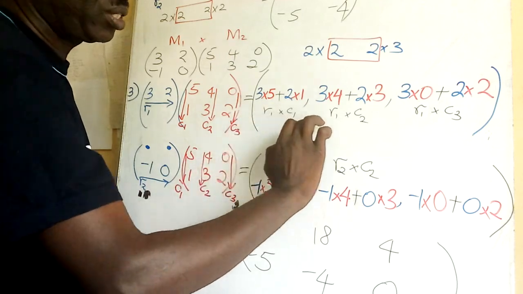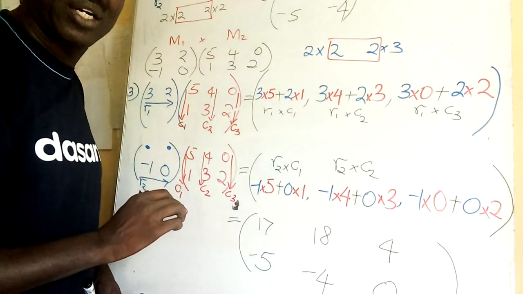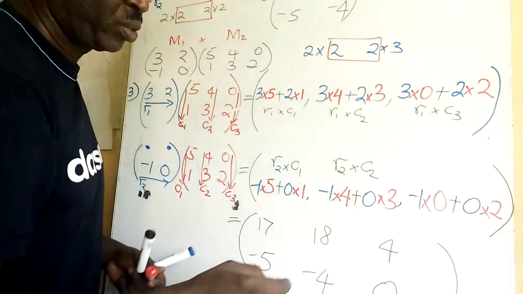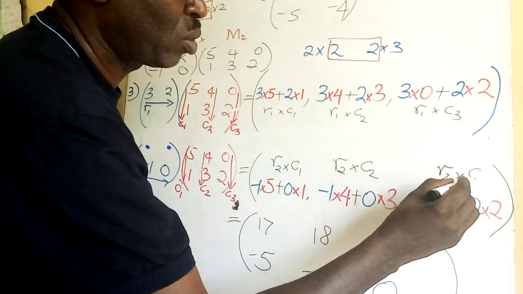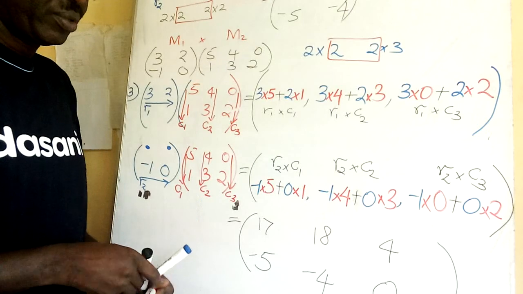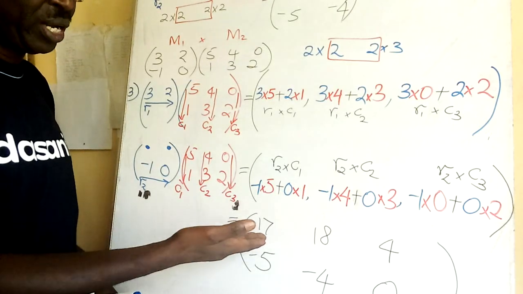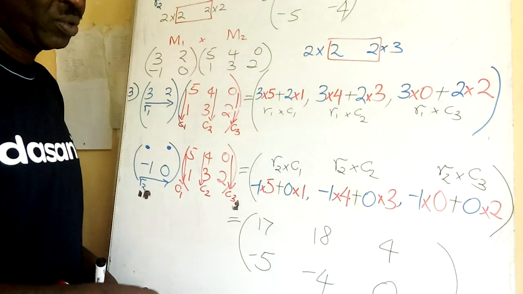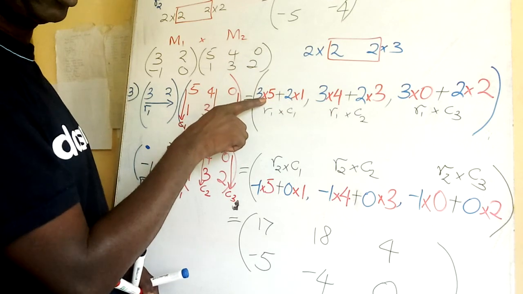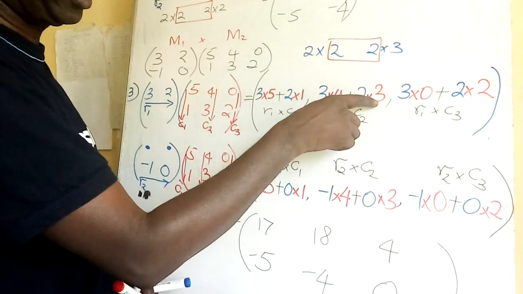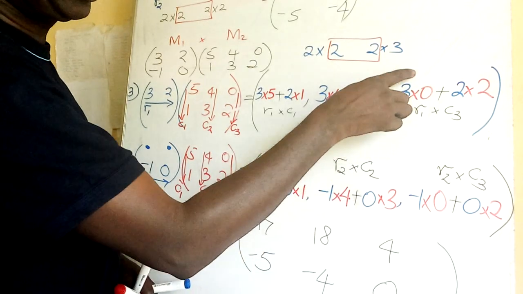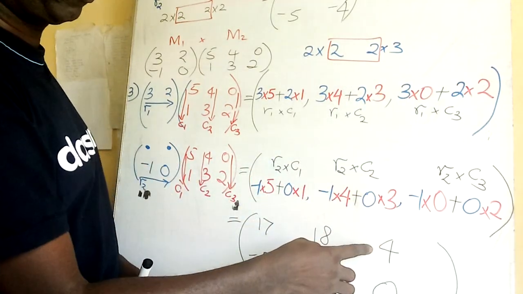Now this was row 1. This is row 2. Row 2 times column 3. So you come here and put the results now. Okay, you can counter check. 15 and 2, 17. 12 and 6, 18. 0 and 4, 4.